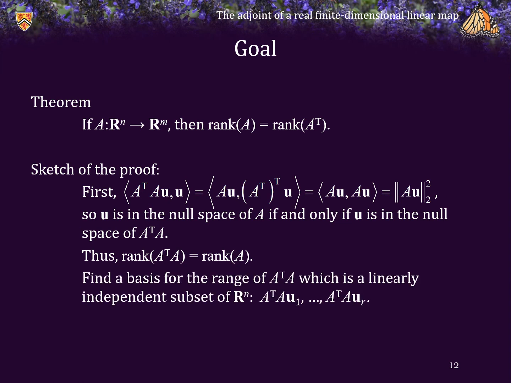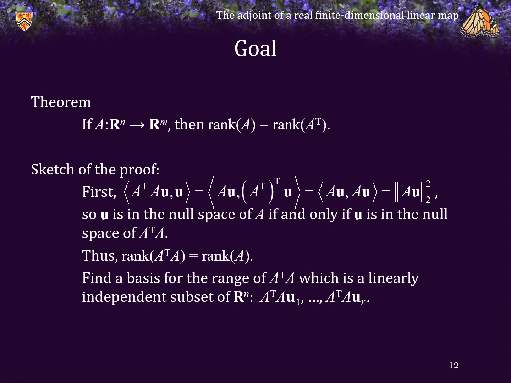If that is true, then let us find a basis for the range of A transpose times A. And that is, of course, going to be a linearly independent subset of R^n. However, because the basis is in the range of A transpose times A, there must be vectors u1 through ur such that those basis vectors are the images of these vectors.